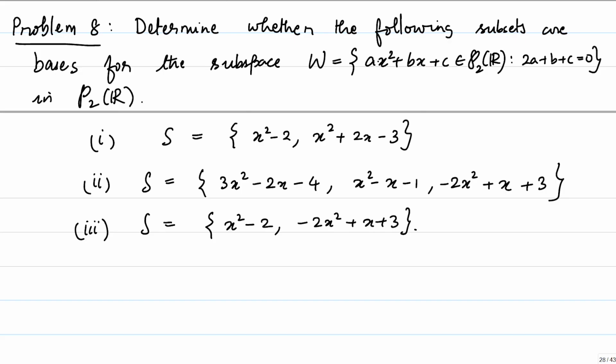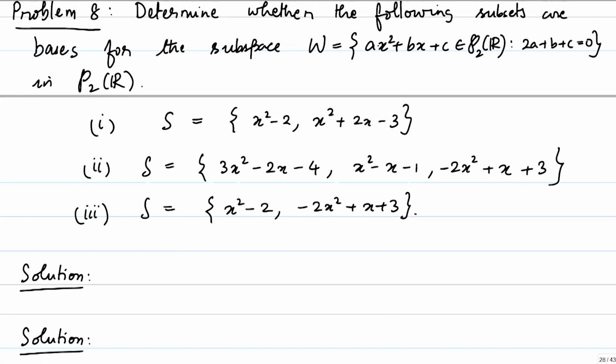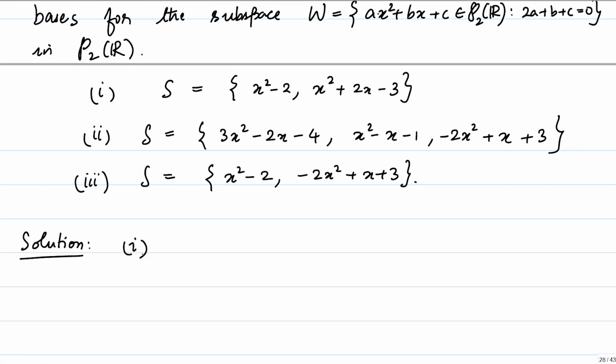The first condition is to see whether it is linearly independent, and the second condition would be to check whether they span our given set. Alright, so let's do that. Solution. So the first problem, let's do both. Let S be x square minus 2, x square plus 2x minus 3.